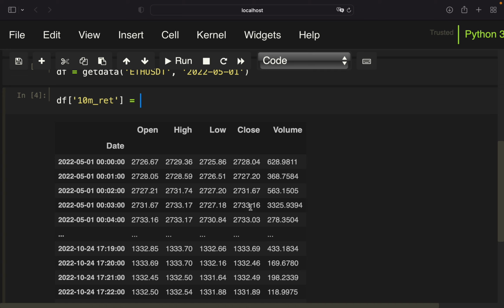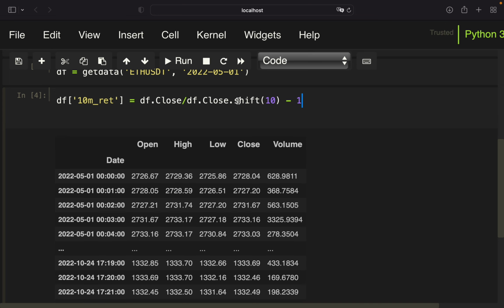Because there is no previous row. But for the rows after that, it does make sense. And with that, I can calculate my 10-minute return. So take close, divided by the shifted close by 10 rows, and subtract a 1.